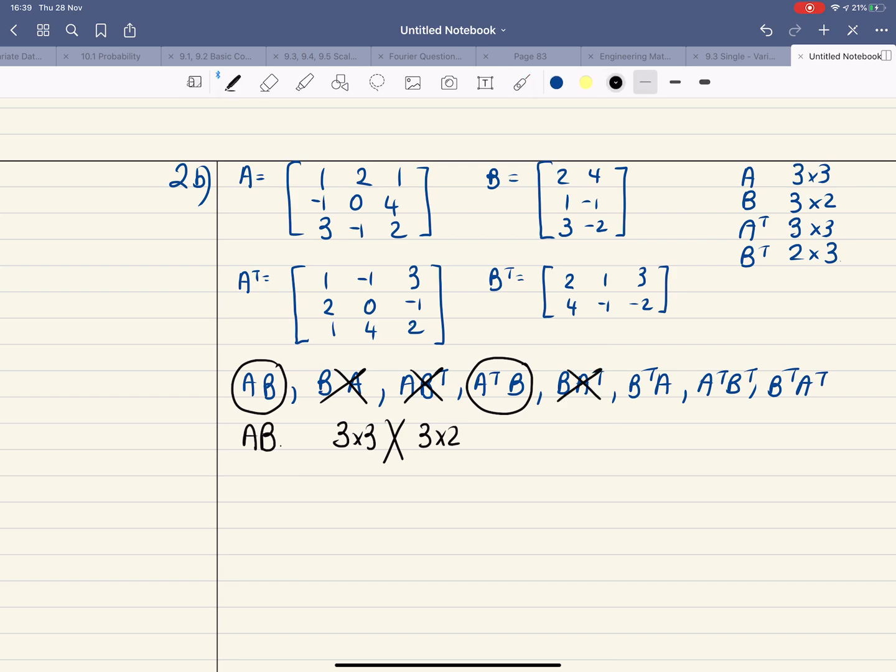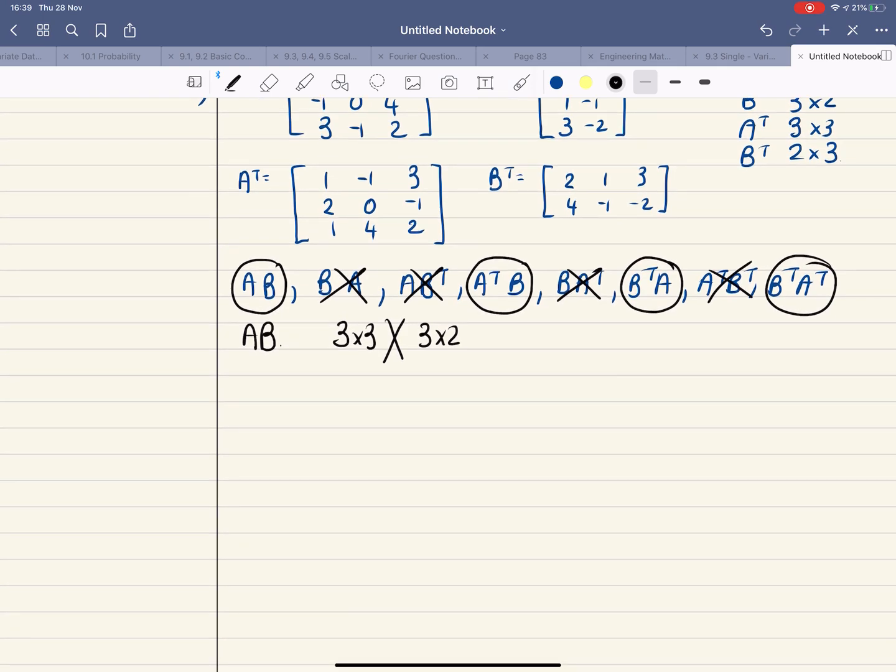B transpose A is possible, because there's the B transpose and there's the A. A transpose B transpose, not possible. And B transpose A transpose is possible because of the 3 there and there. So I've got 4 to do.